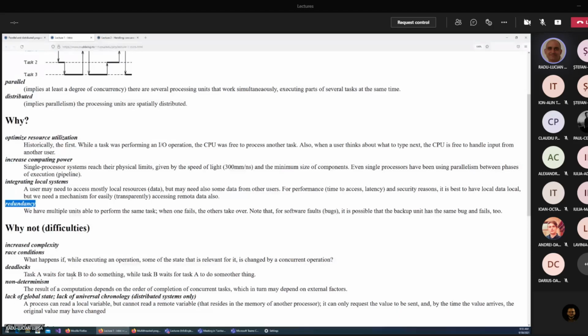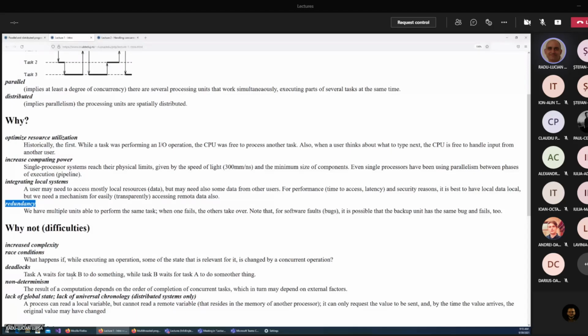And yet another thing, redundancy. There is a lot to talk about redundancy, but the basic is clear. You may have multiple devices that do the same thing or are capable at least of doing the same thing, so that if one of them fails, the others or one of the others can take over the task.